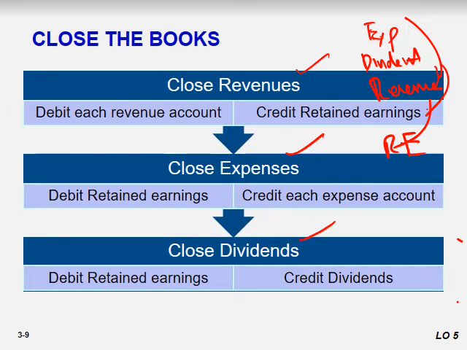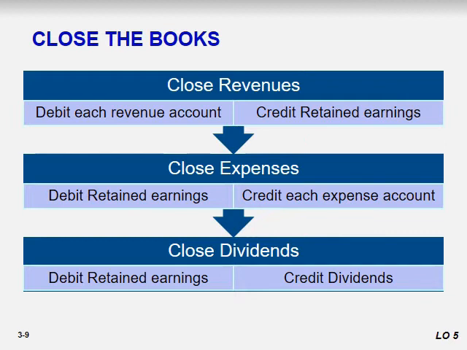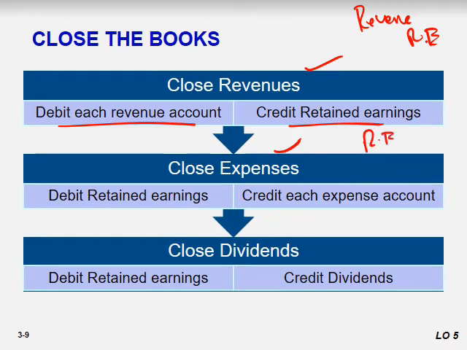So when we close the revenue account, how do we close it? We debit the revenue account and we credit the retained earnings, which means revenue to retained earnings. For closing the expenses, we debit the retained earnings and we credit the expense account.